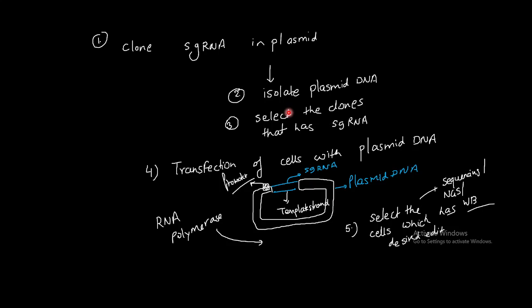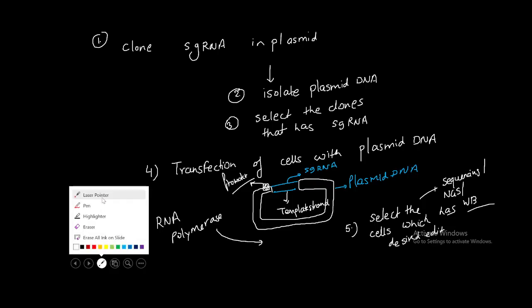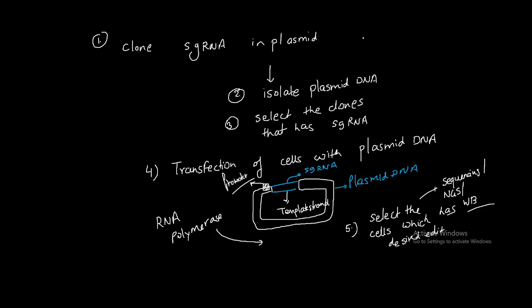And one thing you can do here, when you are done with the transfection and you isolate the cells which have the desired edit, is serial dilution. That is basically an optional step. In the serial dilution, you take the cells which have your desired edit and you dilute them so that you get a single cell.